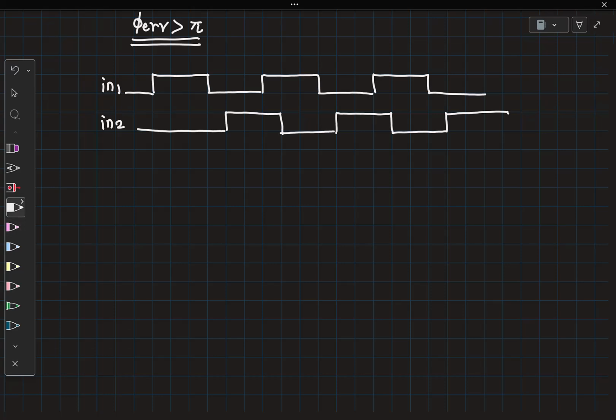Now your VPD is going to go 1 here. This will come down, remains at 0, goes high here. At this point, both in1 and in2 are 1, so it comes down, goes high again, comes down, etc.